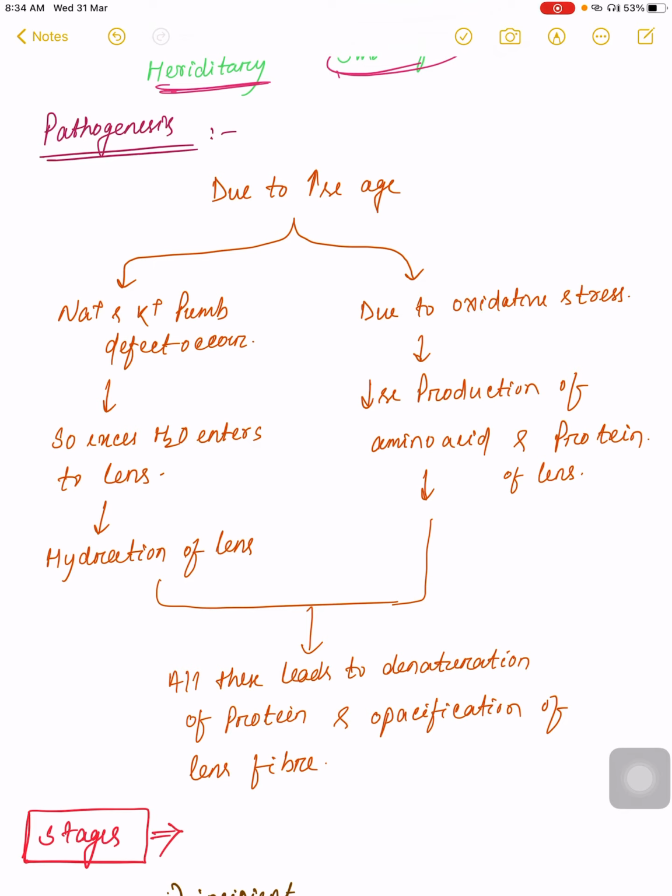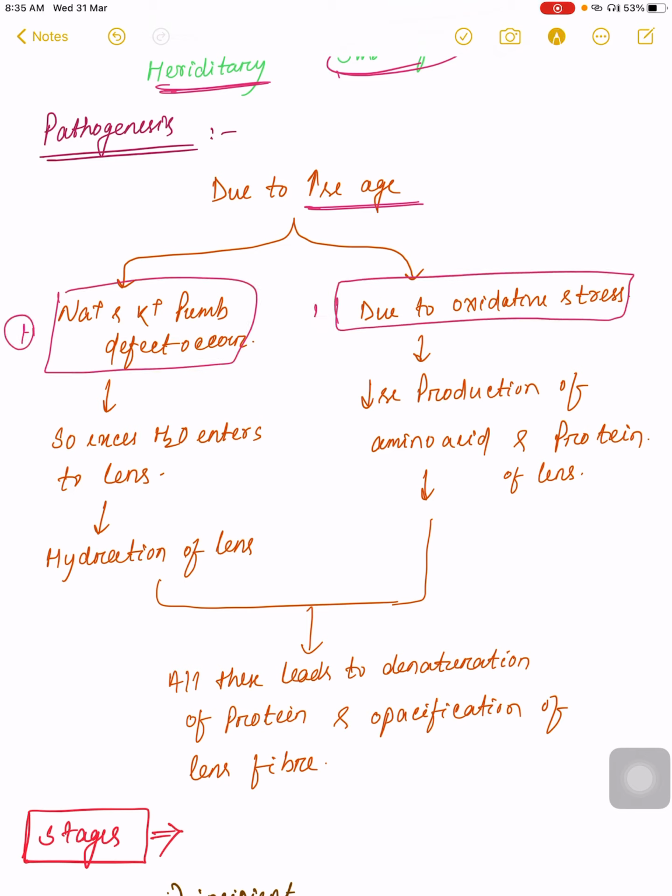But it will be described more elaborately. Due to increase in age, what happens? The sodium and potassium pump of our body will not work properly. This is one reason, and another reason is oxidative stress. These are two reasons, so the protein will not be able to form.